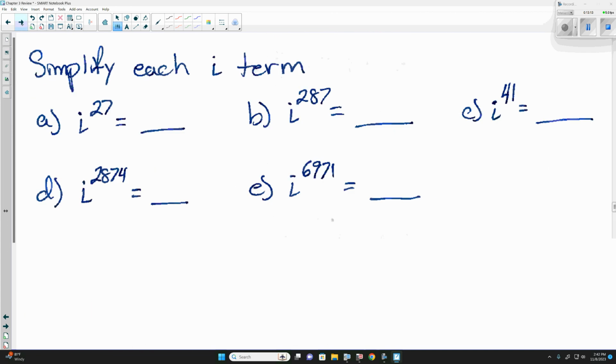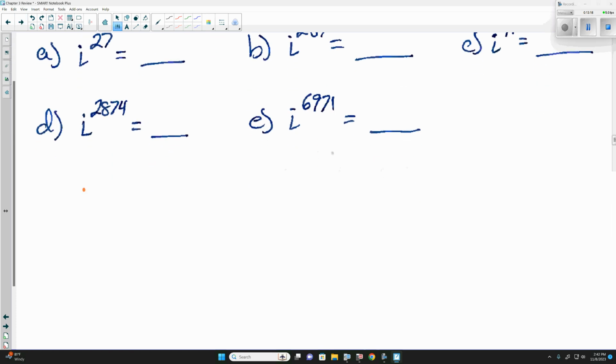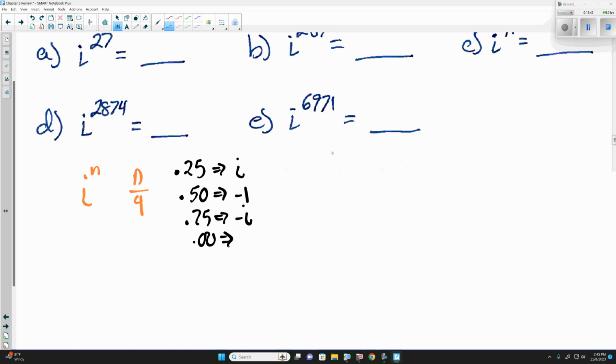Powers of i. To find what these simplify to, i to any power, we take whatever the exponent is and divide it by 4. There's one of 4 different options we can get. We can get a decimal that's 0.25, and if we get that, it's going to reduce to i. If we get 0.50, it'll reduce to negative 1. 0.75 is going to reduce to negative i, and 0.00 will reduce to 1.